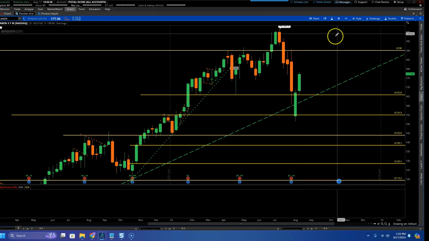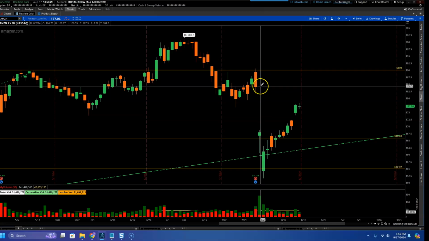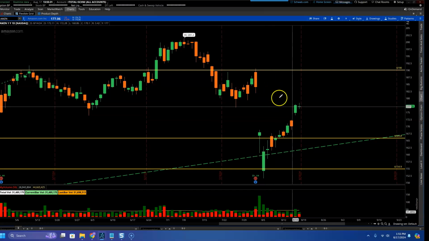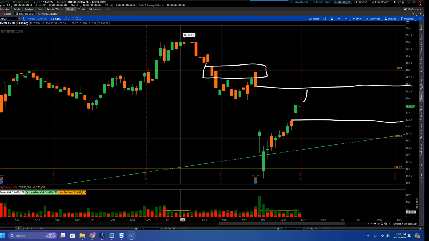If we can get above that, let's take a look at the daily view, right? The gap fill is around 184, right? And then the value area, the resistance area, where the price really broke down from and did not manage to go above, is 190, right? So we still have some room until this gap fill zone till 185. If we go to the downside, we have a gap fill at 172.5, right?